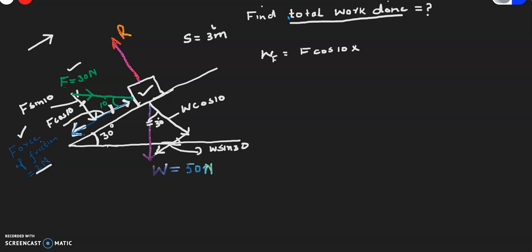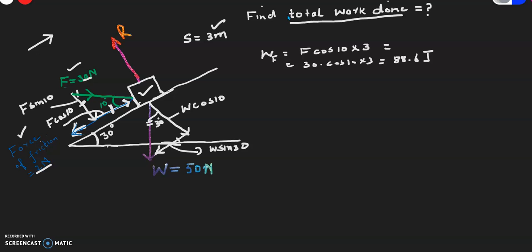We know that displacement is 3. When you put all the values here, F is 30 Newton, so 30 into cos of 10 into 3, and you will get 88.6 joules. So this is the work done by the force F.